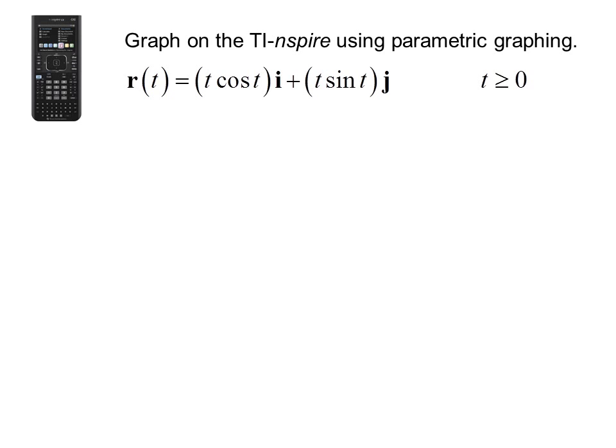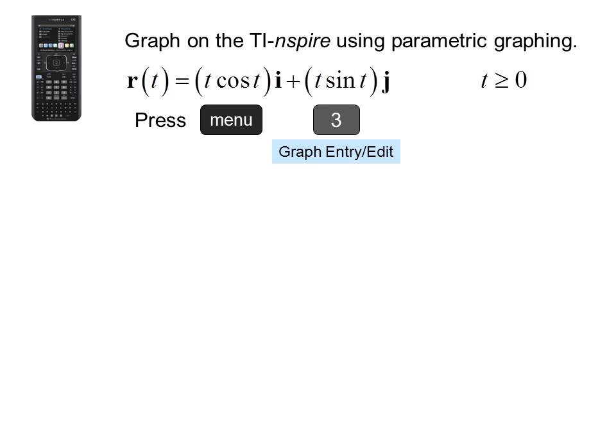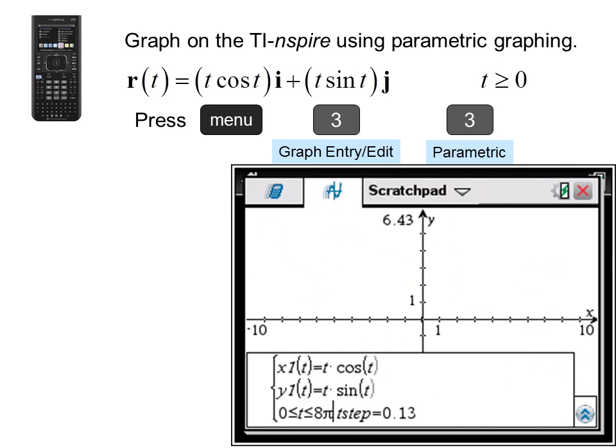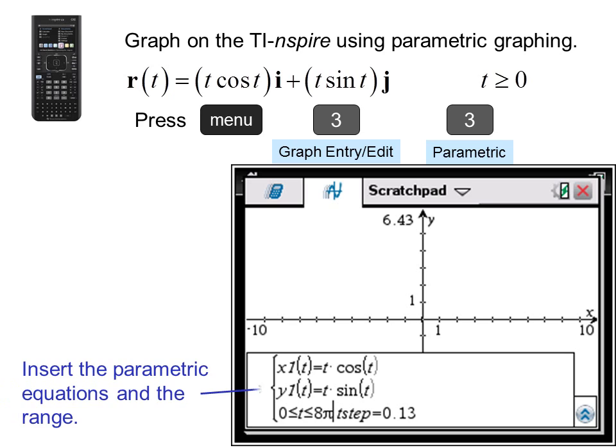Now we can try graphing on the TI-nspire using parametric graphing. We'll graph r of t equals t cosine t i plus t sine t j, where t is greater than or equal to 0. Press Menu 3, Graph Entry Edit 3, Parametric. Insert the parametric equations and the range.